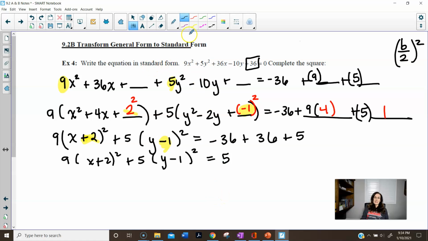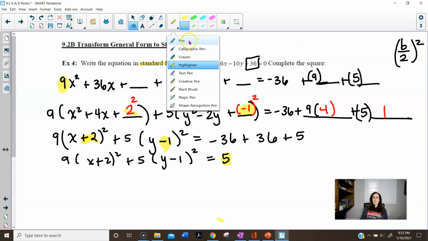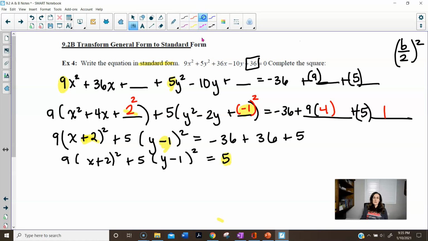Now we're supposed to write this equation in standard form, which means this 5 is supposed to equal a 1. And so the standard form is going to be divide every single thing by 5. Here we have this fraction, but if I want that fraction in the denominator, multiplying it by 9/5 is the same thing as dividing it by 5/9.